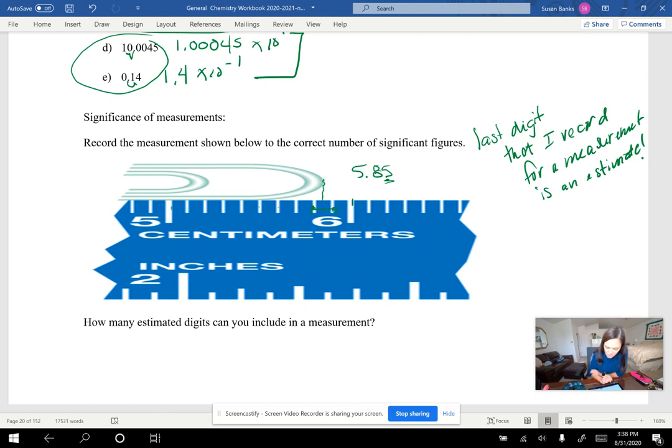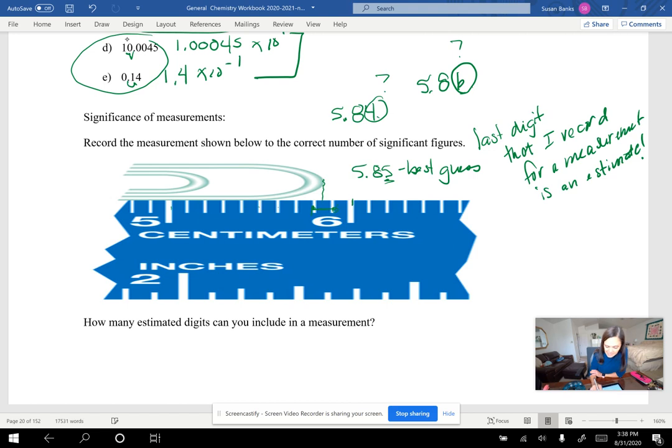That digit is just an estimation. This is my best guess with what my eye tells me. Would I be equally good by writing 5.84 with that being my guess? Yes. Could I be equally as good writing 5.86 with 6 being my best guess? Yeah.